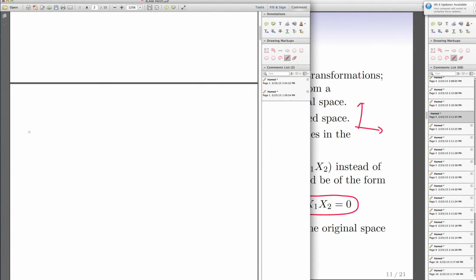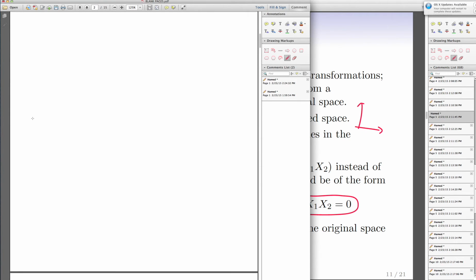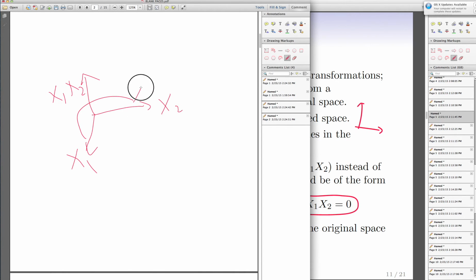So to make it more clear, let's assume we have 3 functions like this, and let's call it x1 and x2. And let's say our shape looks like something like this. So that curvy case.